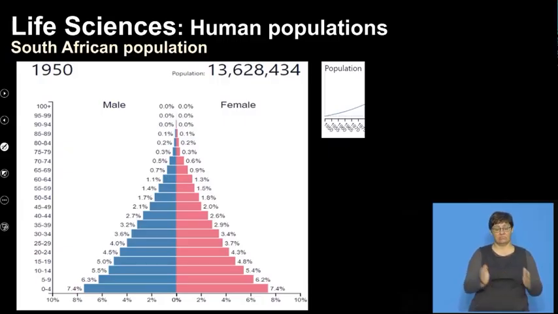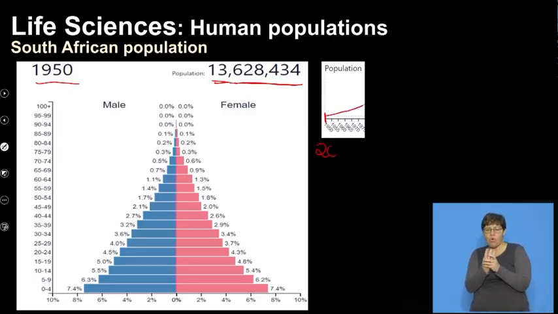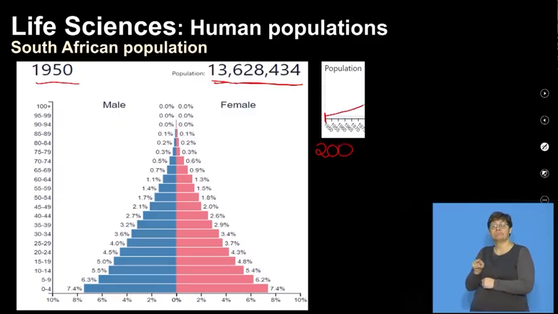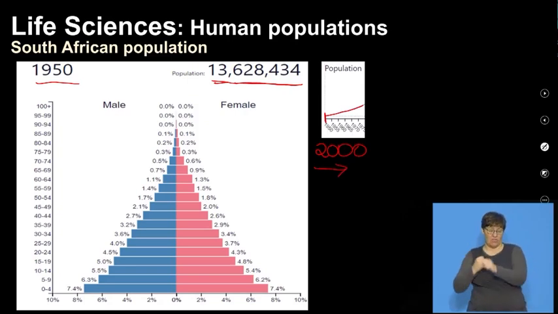If we look at the South African population growth rate, we're going to move from 1950, where our population was at 13,628,434. We're starting down here, and we're going to try and trace how the population grows right up to the early and mid-2000s, and even predicting further into the future.